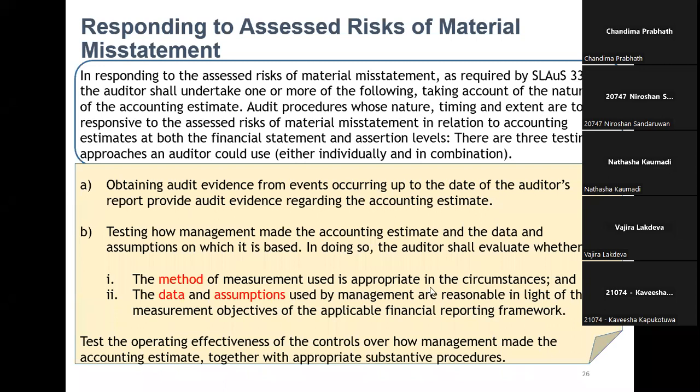For certain accounting estimates, we would do test of control plus substantive analytical review procedures. As an example, for depreciation, we would do a recomputation, or we will do test of details. Let's say for warranty provision, we will basically do detail testing, right? So that is the second approach.